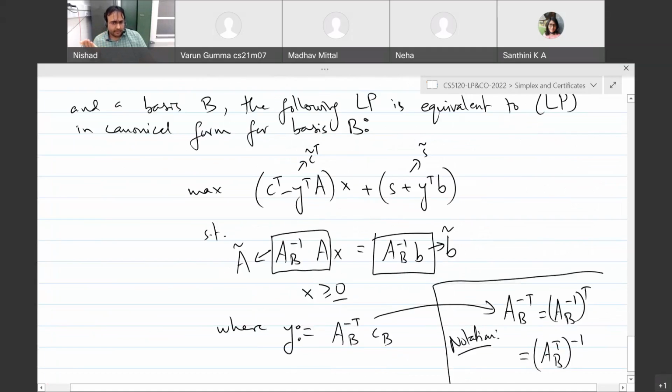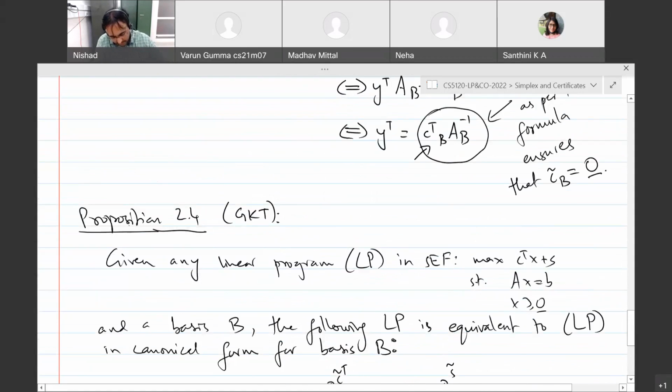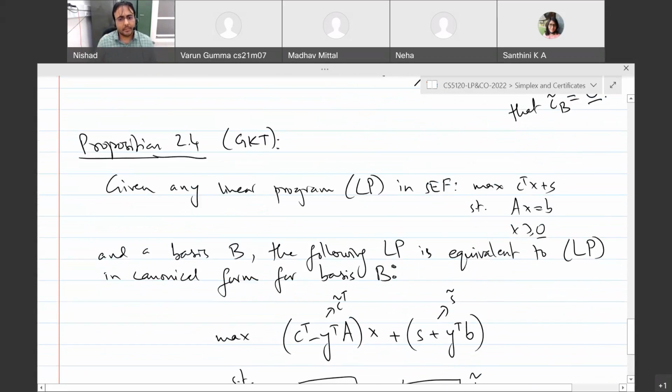And if you have canonical form, you can also write down the dictionary, right? It's simply a rearrangement. But you can see why canonical form is a bit easier to talk about, because you can use a lot of linear algebra to make things more formal. So using this proposition, you can convert any linear program into canonical form for a given basis.